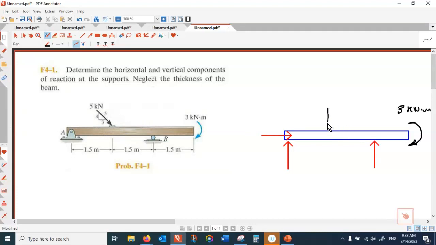That is 4. And 5 resolved horizontally would be 5 multiplied by 3 over 5. This is 3. And then simply I include the forces with the right symbols. I call this AX. From now on, that kind of labeling is very common. For pins, we use AX, AY. Here, that is simply BY, or you can say NB, something like that.